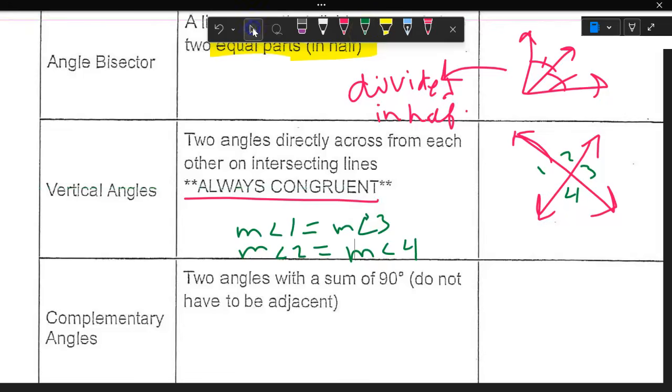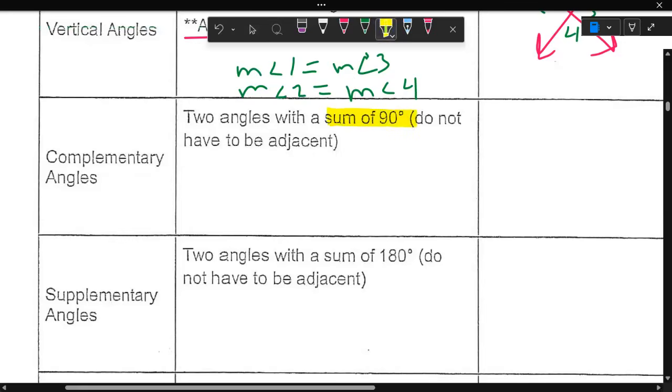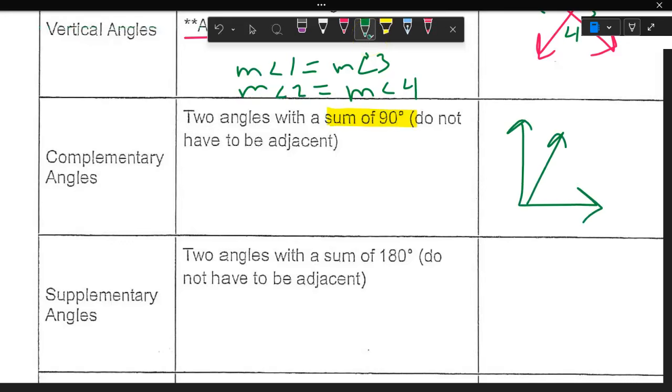Okay, next one, complementary angles. Complementary angles add up to 90. So we could draw two angles that are not 45 degrees each, and they add up to 90. 60, and then over here we could have like 30 degrees.